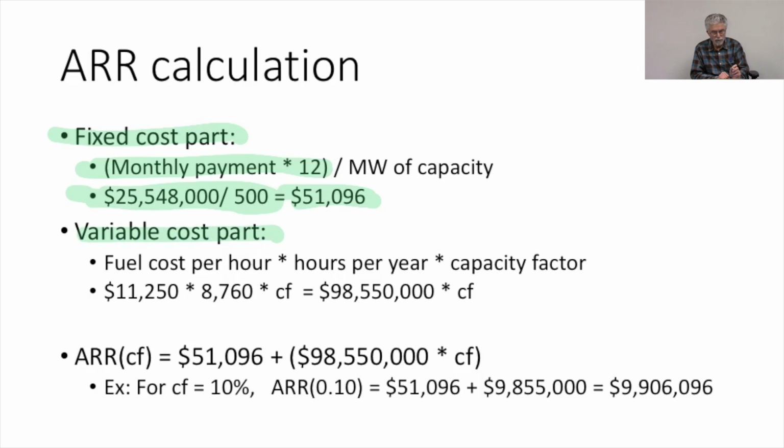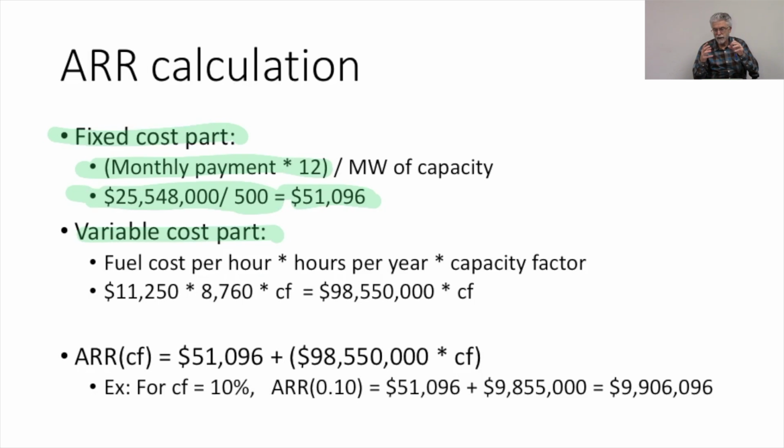But we also have a variable cost part. For each unit of capacity, we're going to have a certain variable cost associated with that unit of capacity, depending on how much we run the plant. So again, we have to ask, what capacity factor are we likely to use for this power plant?